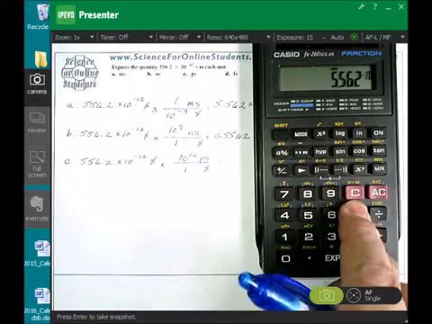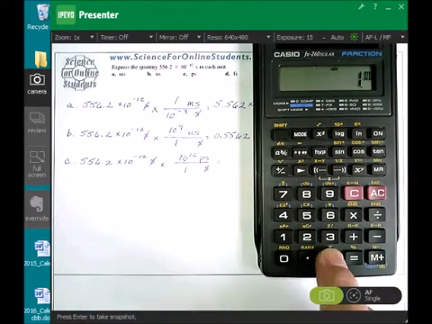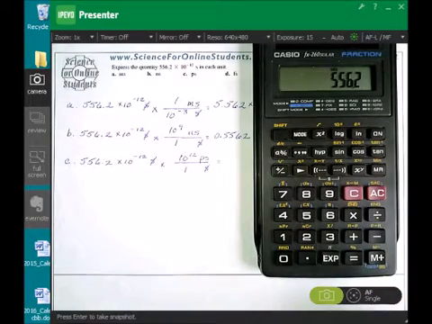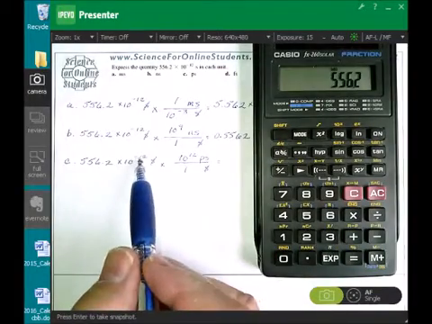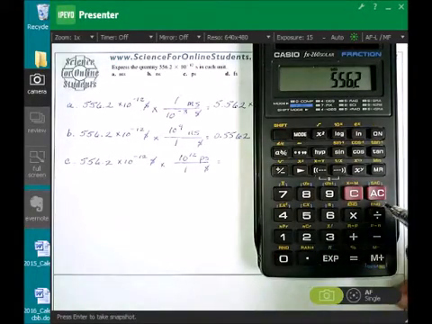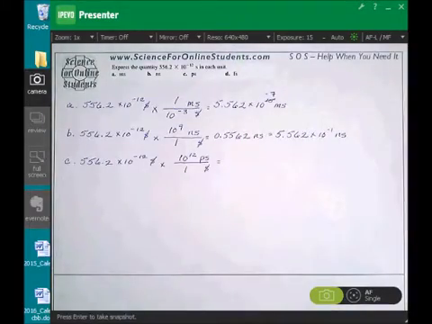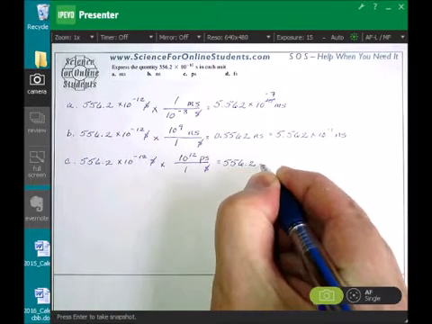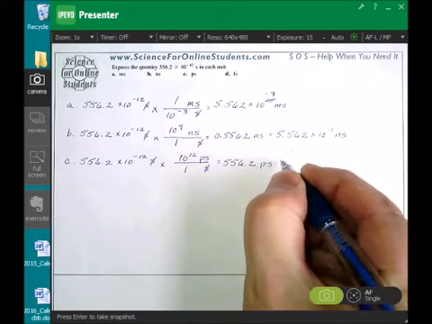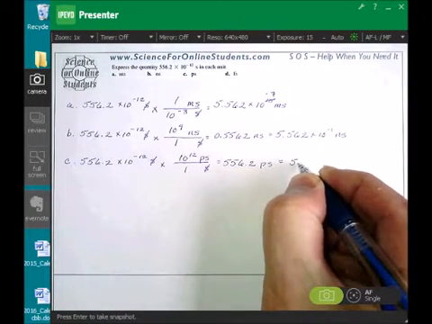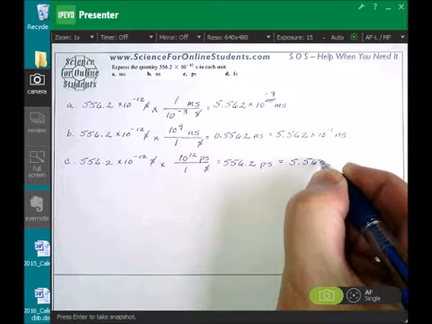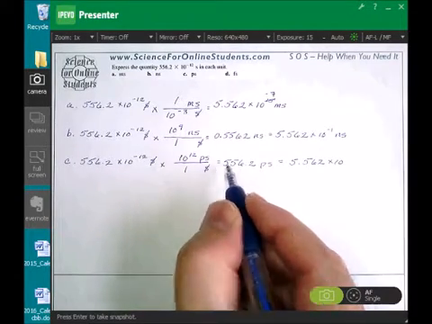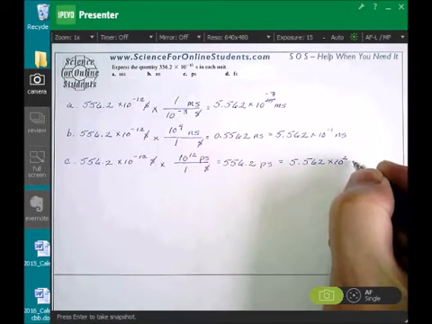Multiply by 1 times 10 to the 12th equals 556.2. Look at that. A negative 12 and a positive 12 cancel out. But if we want it in scientific notation, that would be 5.562 times 10 to the second power, move the decimal place 2 places, picoseconds.